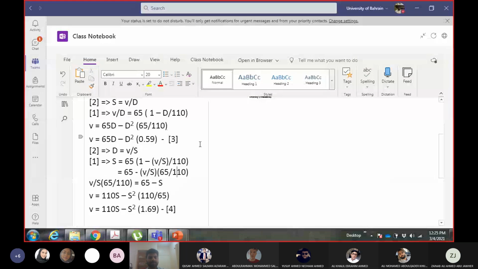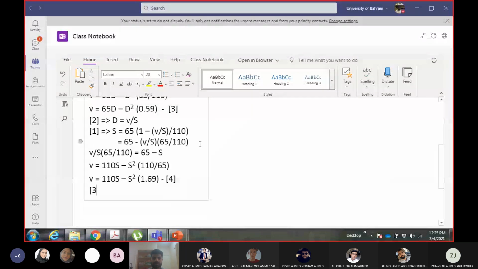Okay. So if I take the derivative of equation 3, then equation 3 becomes dv divided by dk, and this is equal to 65 minus 2 times something, and this would be equal to 0, right?